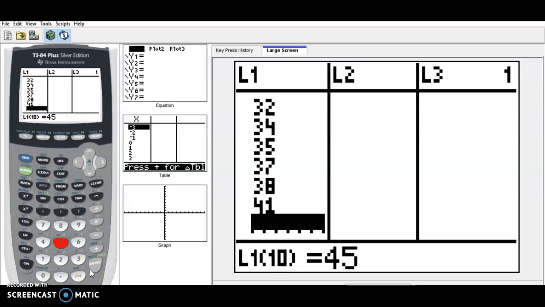And then the last number that you type in should say L1(10) in parentheses because we had 10 numbers. This means that I've entered 10 values and I am looking good.